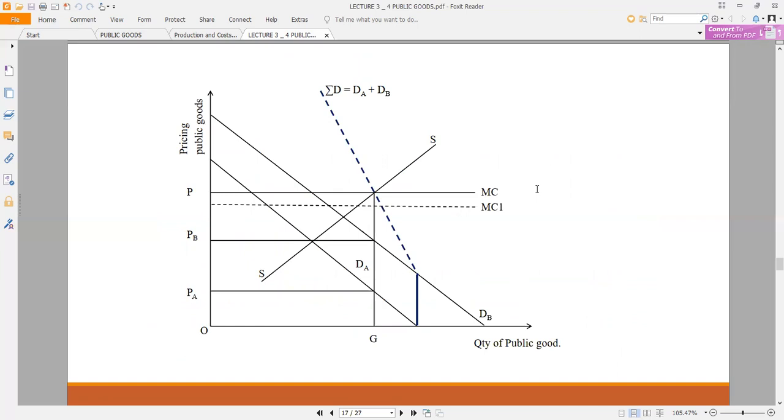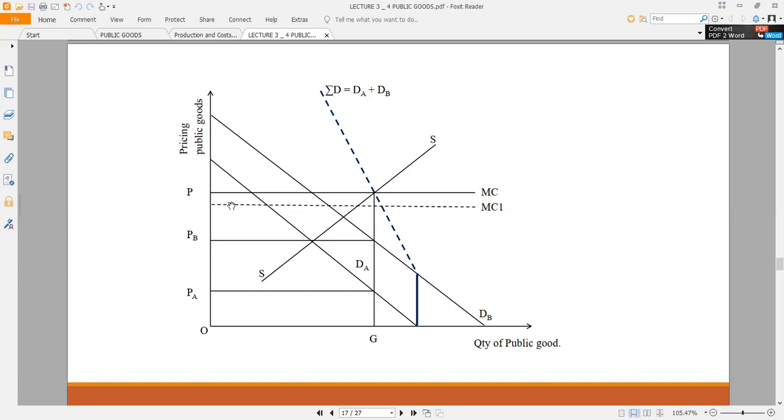So if you look at this diagram here, we just saw that if we are going to produce a good, quantity J, then this is the price that individual A is willing to pay. There's a price that individual B is willing to pay. So assuming this is the marginal cost, the market price, the total price that they are willing to pay. Now, there are two scenarios here.